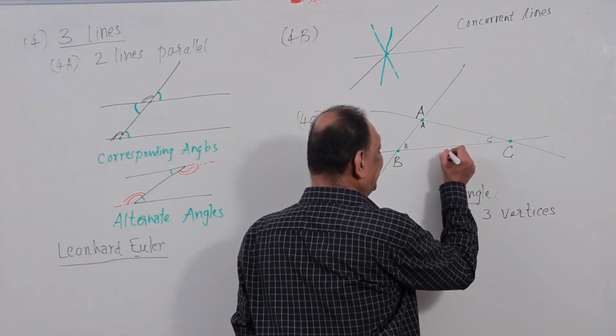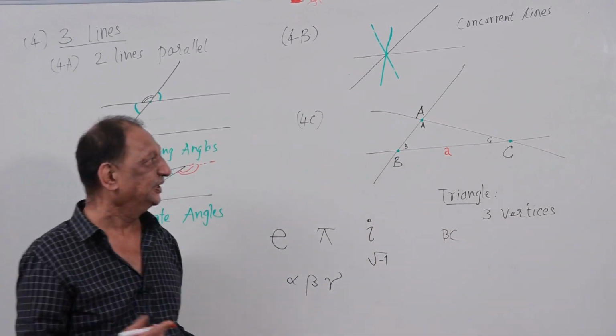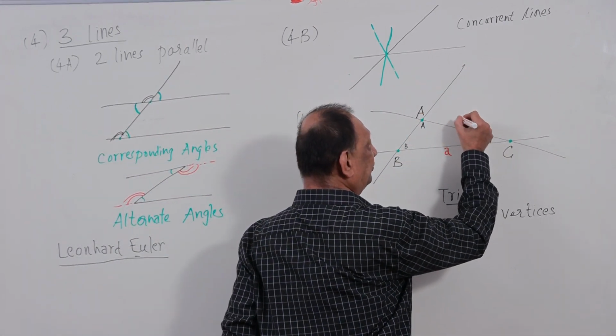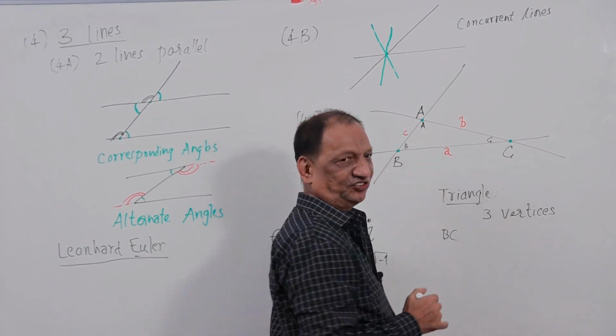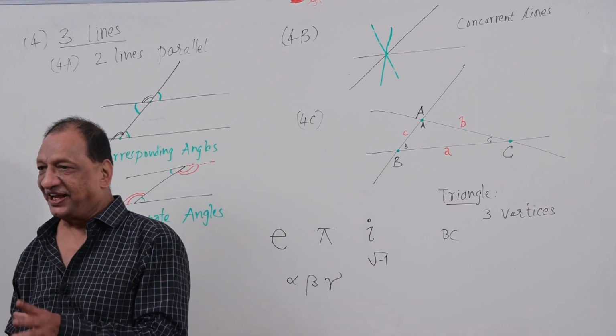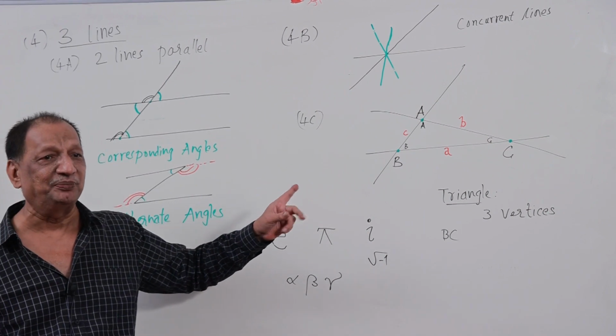So side BC is called a, the measurement. a is the length of BC. Similarly, AC will be called b and AB will be called c, lowercase c. So a, b, c are the sides. But a is not the side at A. a is the side for BC actually, because that is what makes it unique.